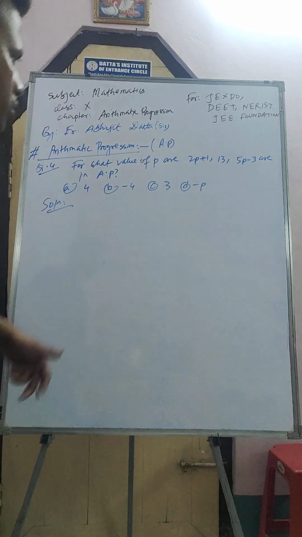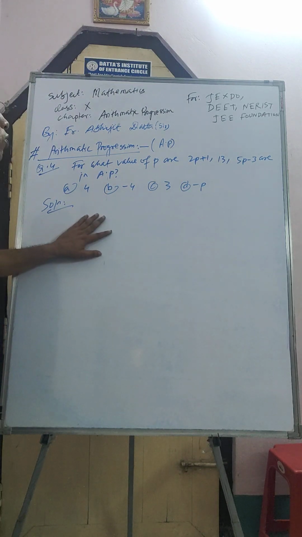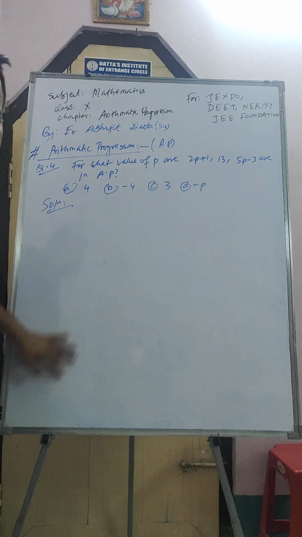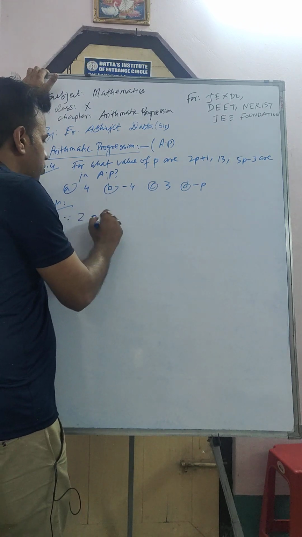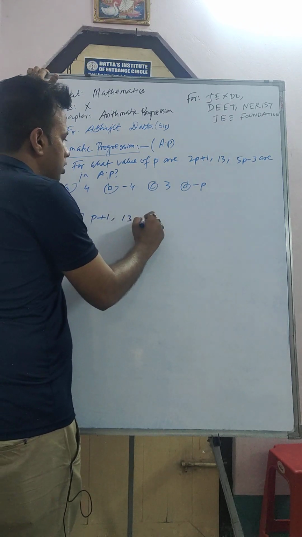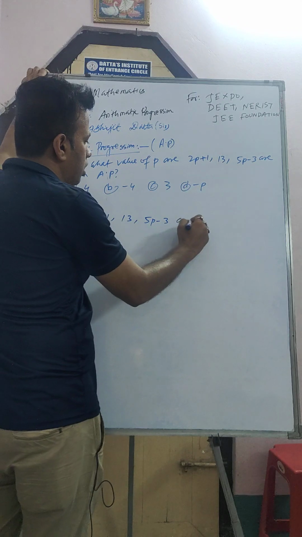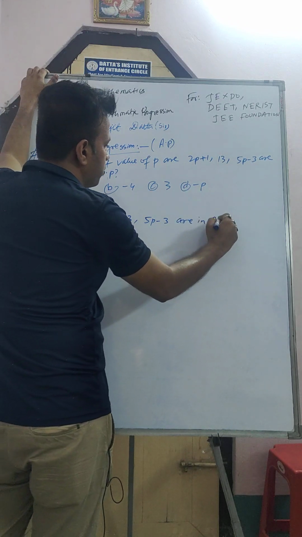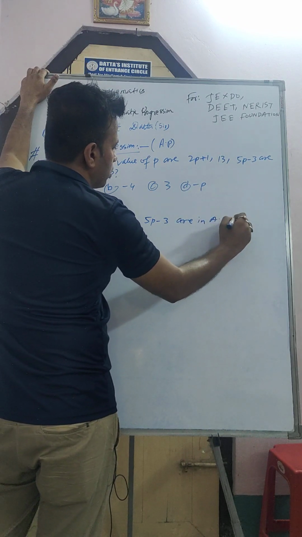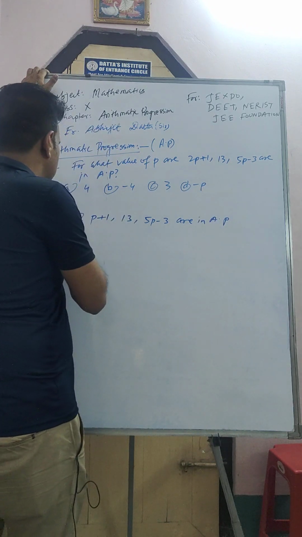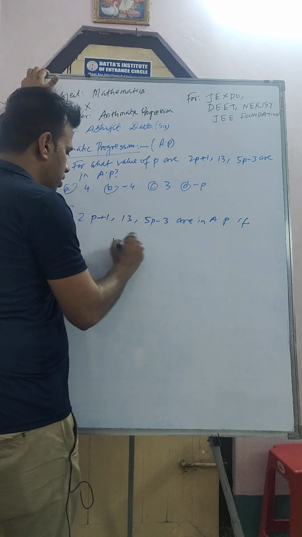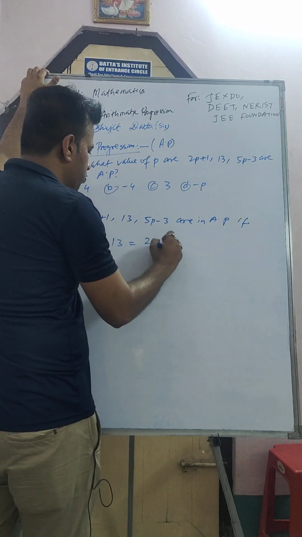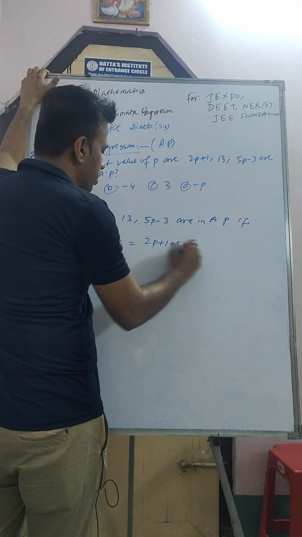So our next question, that is question number 4, is: for what value of P are 2P plus 1, 13 and 5P minus 3 in AP? Okay. Since 2P plus 1, 13, 5P minus 3 are in AP, 13 equals 2P plus 1 plus 5P minus 3, by 2.